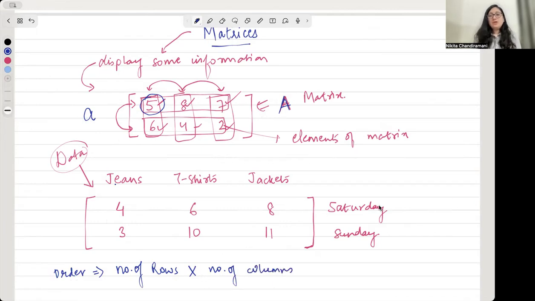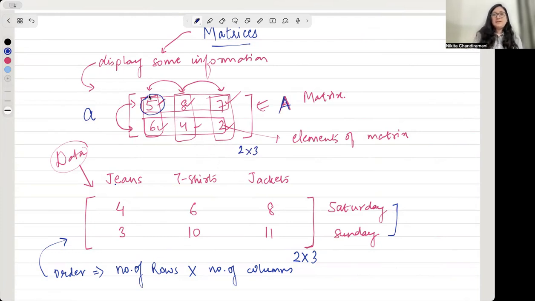There are two rows in this, so I'm going to write 2 first, cross. The columns are 3, so we will write 3 as columns. Got it? So the order of this matrix is 2 cross 3. Similarly, the order of this A matrix is 2 cross 3 because again there are 2 rows and 3 columns.